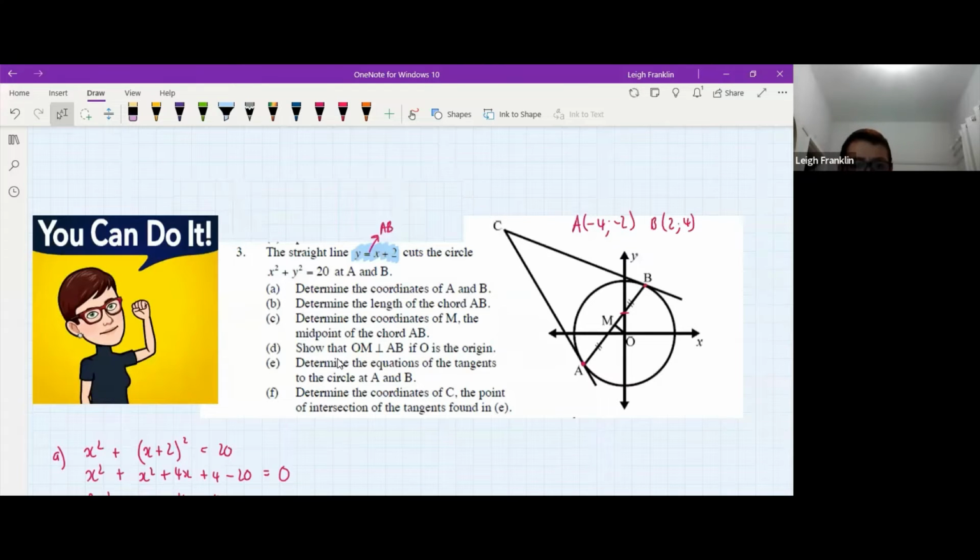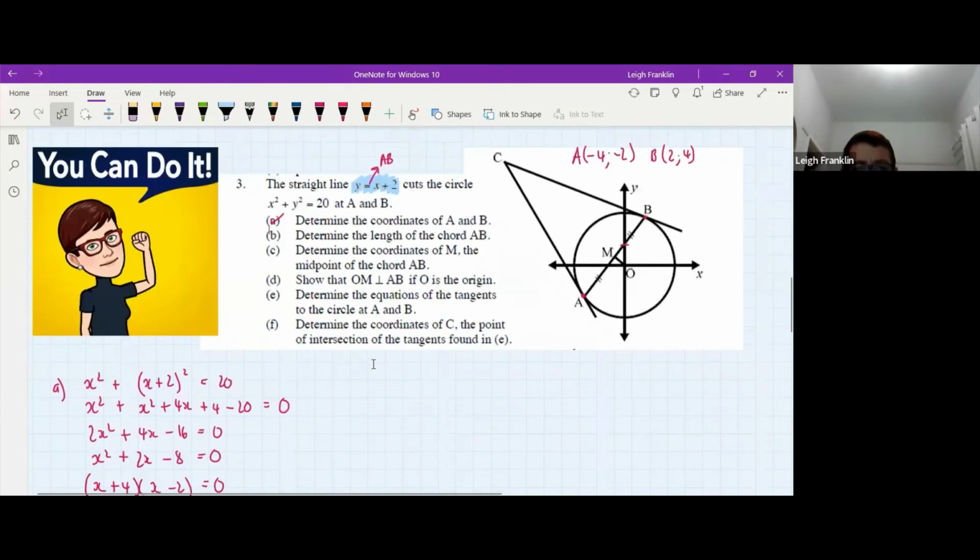All right, next question. Determine the length of chord AB. All right, well, that's super easy, isn't it? Do you guys want to do that one quickly by yourselves?